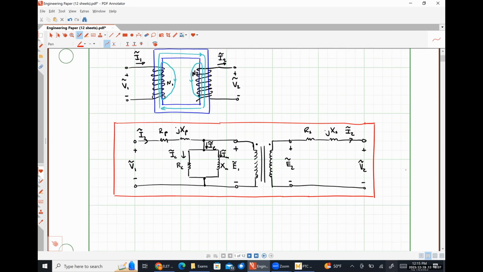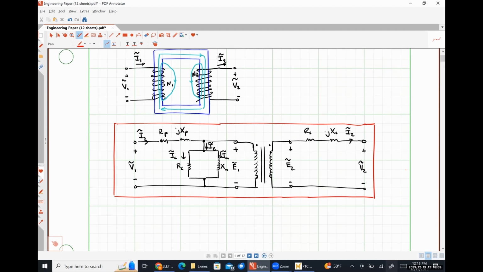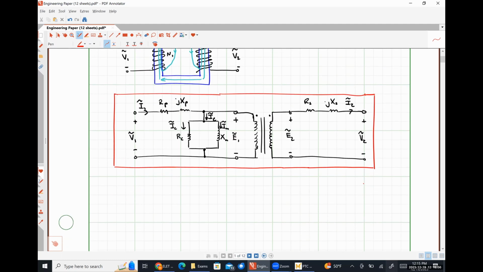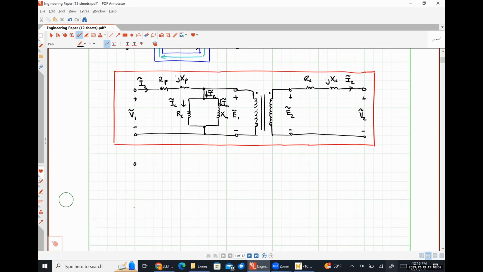So let's start by referring our resistance R sub S and reactance X sub S from the secondary side of the transformer over to the primary side, or from the right-hand side over to the left-hand side, right? So my left-hand side is going to be effectively the same. So here's my voltage V1.